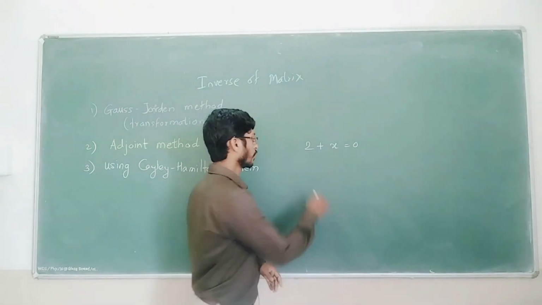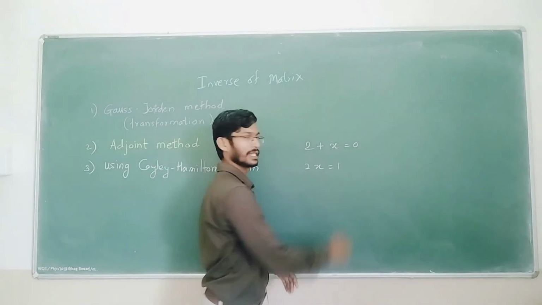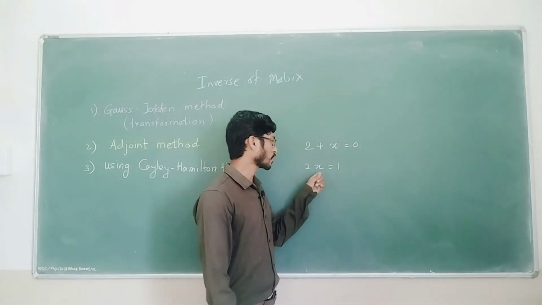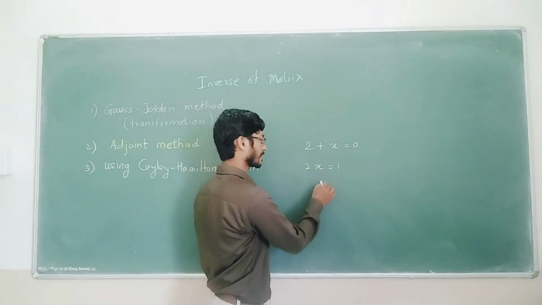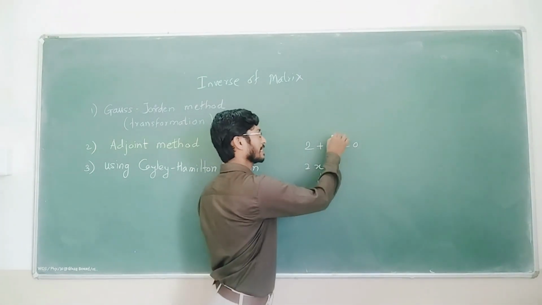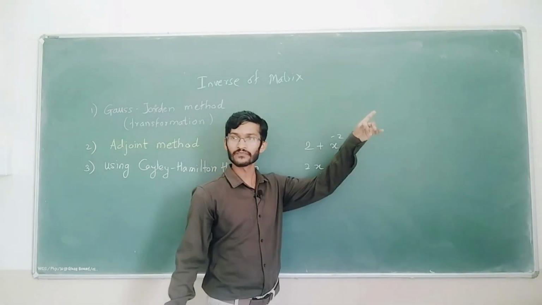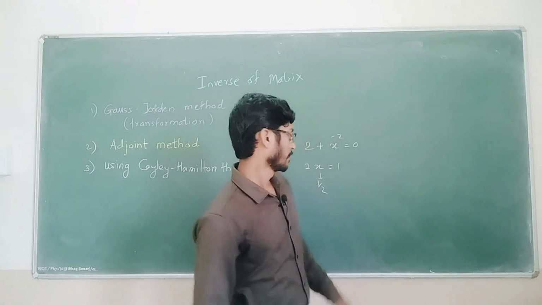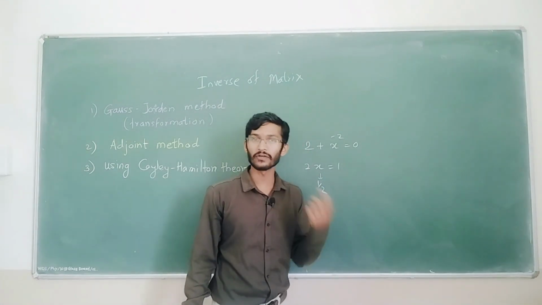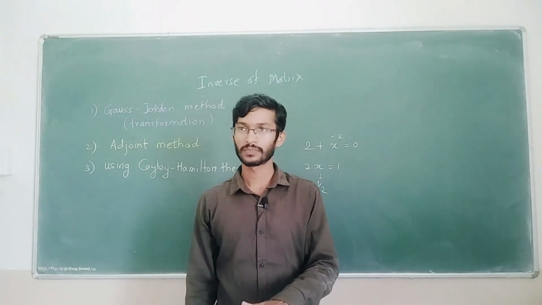If 2 into x is equal to 1, then this x is called a multiplicative inverse. So the value of x in this case will be half, and in the other case it will be minus 2. So minus 2 is the additive inverse of plus 2 and half is the multiplicative inverse of plus 2, right?